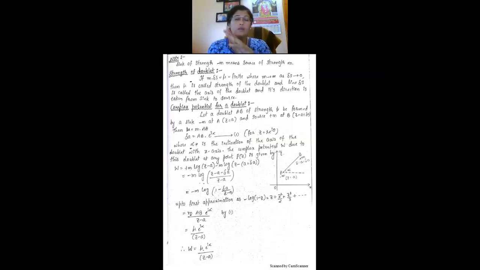Okay. Now what we are imposing is one condition: if the doublet, the point AB, if it is kept on the origin, source and the sink, instead of A point and A plus delta A, if it is placed at the origin, in that case there won't be any creation of an angle, because both the source and the sink lie on the origin, so that alpha will be 0, okay, and A will be 0 because there is no distance between source and sink.